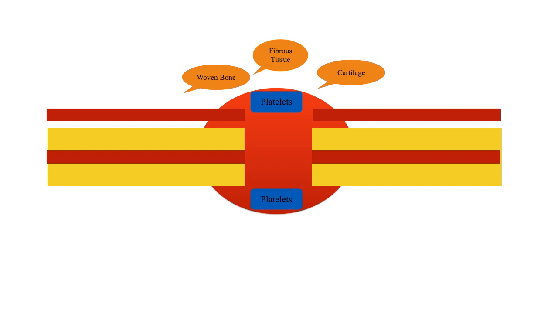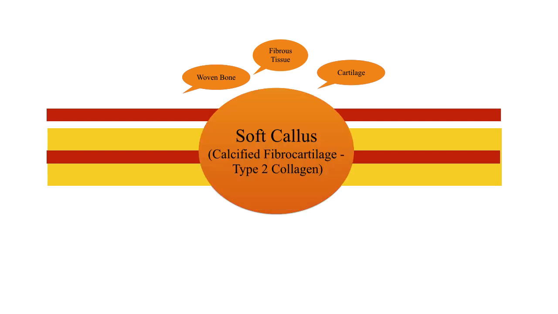So the combination of these three, that is the cartilage, fibrous tissue, and woven bone, remove the hematoma and convert it into a soft callus. It is called soft callus because it is not mineralized. It is a combination of cartilage, fibrous tissue, and woven bone without mineralization.